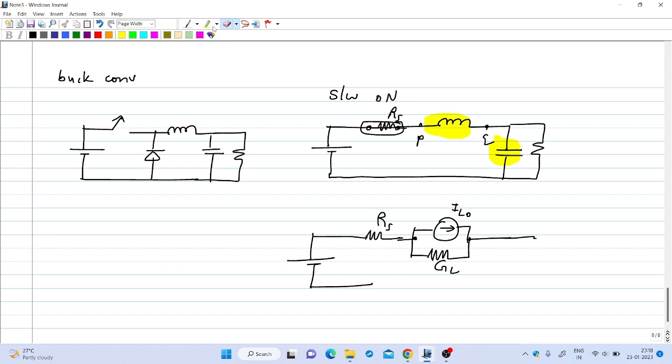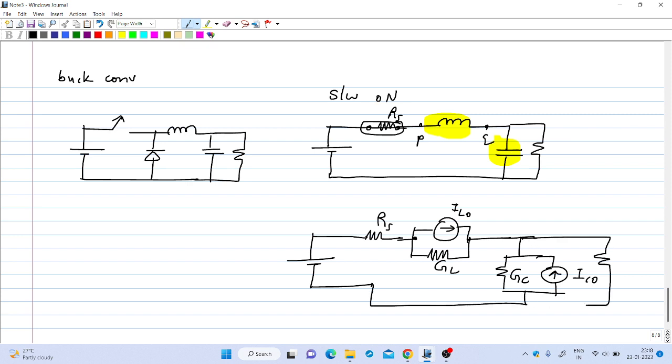So this capacitance can be replaced by its equivalent circuit GC parallel with the current source IC0. Okay, so there is a resistance parallel. So this is the overall equivalent circuit. You can easily write the modified nodal analysis equations for this circuit. So this is how we can do transient analysis for circuits using equivalent circuit approach. Thank you.